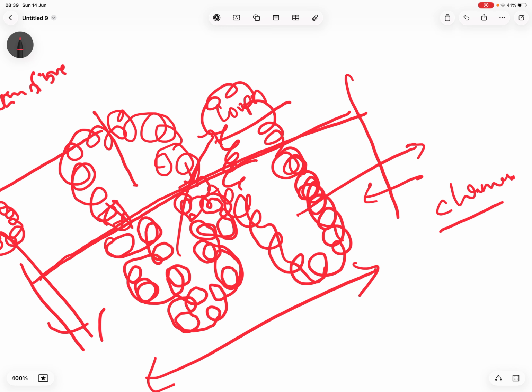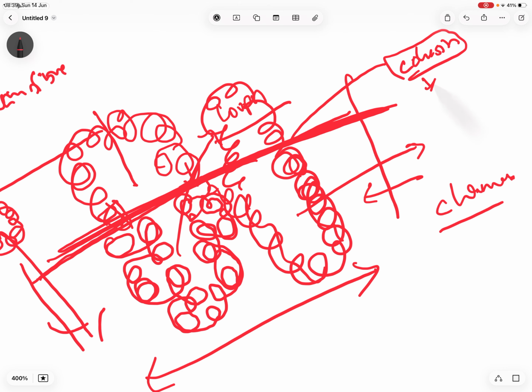When you see this chromatin fiber with these loops, this is a scaffold structure, and the proteins present to ensure that these chromatin fibers join the scaffold structure are called cohesin proteins. Also we find some condensin proteins.